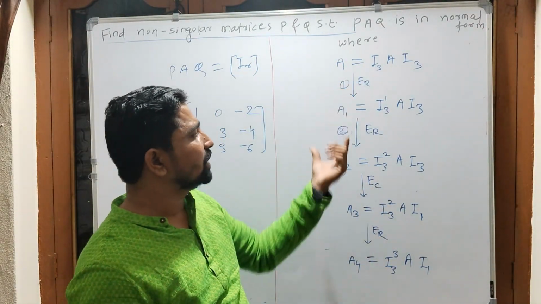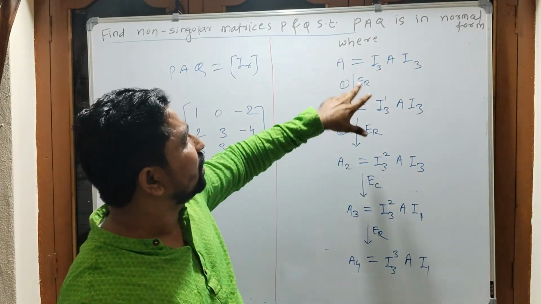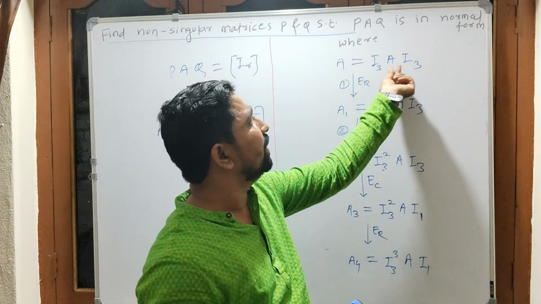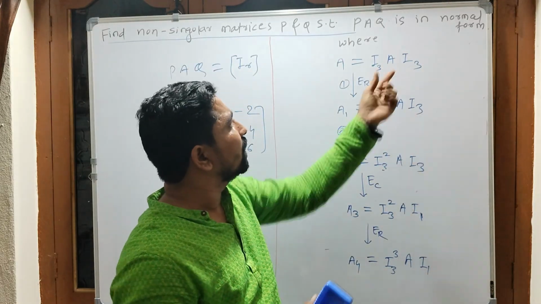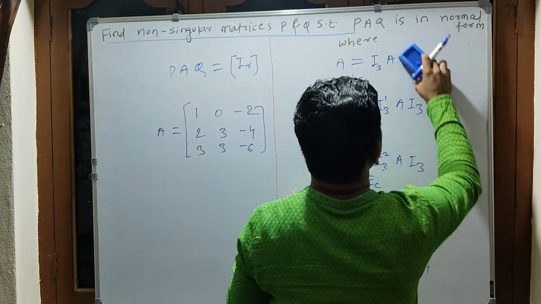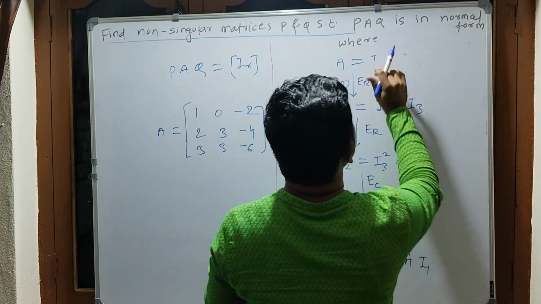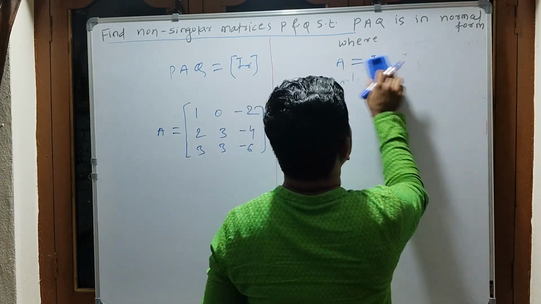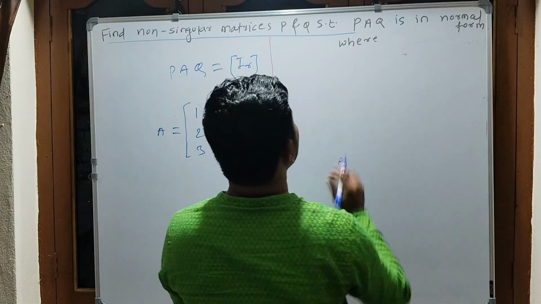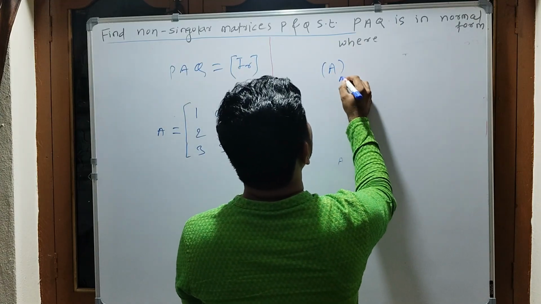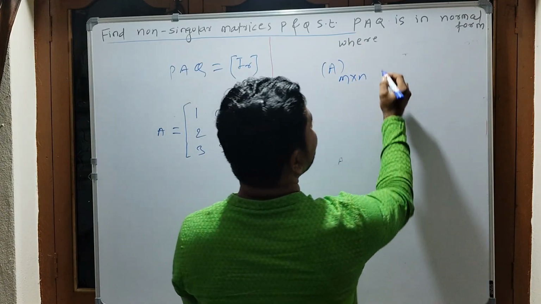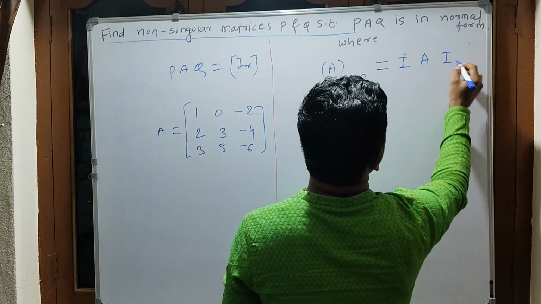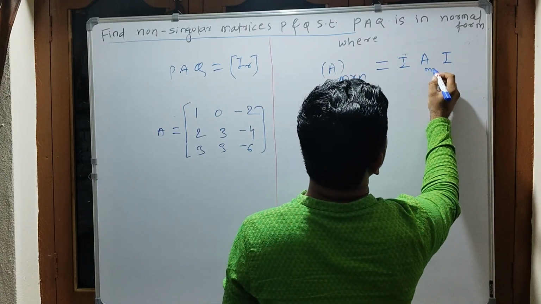So this thing is important. Write matrix A equal to I, A and I. First write this. For example, this is a matrix of order, let's say, M cross N. So first write I, A and I. So this is an M cross N matrix.